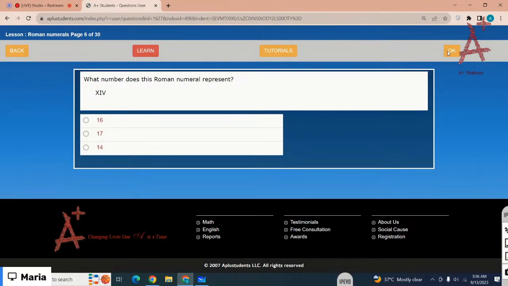What number does this Roman numeral represent? So which is the correct option? Which number is it? X for 10, right? And IV for 4. That means it makes 14. The correct option is 14.